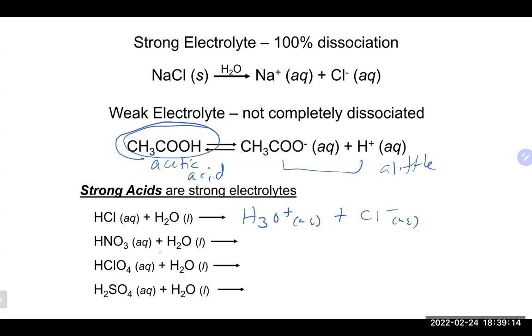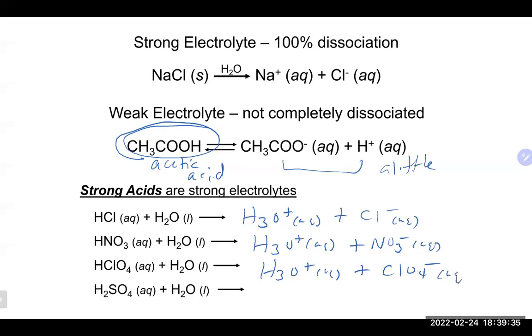This is nitric acid, which is another strong acid. It will also produce H3O+ and nitrate. That's perchloric acid, also a strong acid, H3O+ and perchlorate.